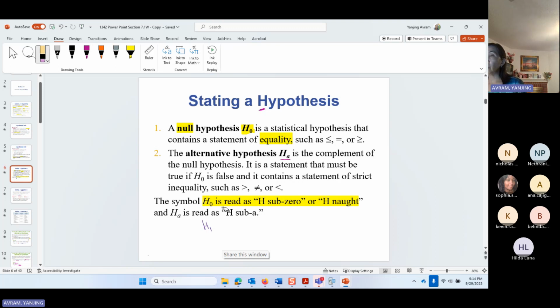So this one, H sub 0, we call H naught or H sub 0, and this one is read H sub A. In some books, instead of H sub A, they use H sub 1. Okay. But H sub 0 is always used in all kinds of books. But some books for the alternative also use H sub 1. So they have 0 and 1. Our book uses A for the alternative one.